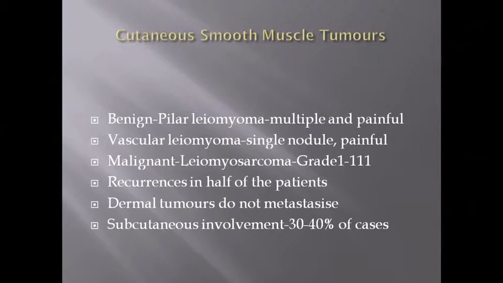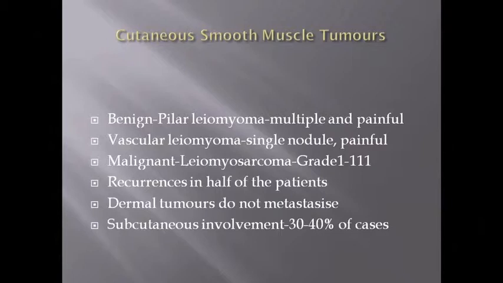we still use the FNCLCC grading system when it comes to malignant features such as cellular differentiation, mitotic activity, and presence or absence of necrosis, and grade them as 1 to 3. And in most of these leiomyosarcomas, the recurrence occurs in half of the patients.